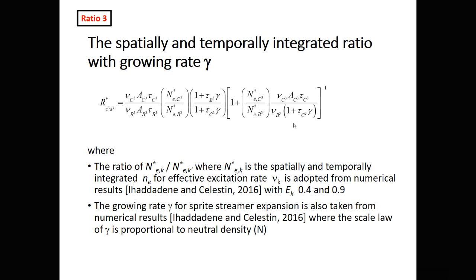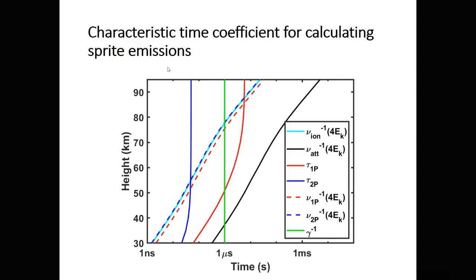They will expand, and this expansion corresponds to the growth ratio gamma. Here are our considered parameters, for example the ionization rate, quench rate, and the lifetime for the first positive and second positive bands, the exciting rate, and the growth rate, gamma.